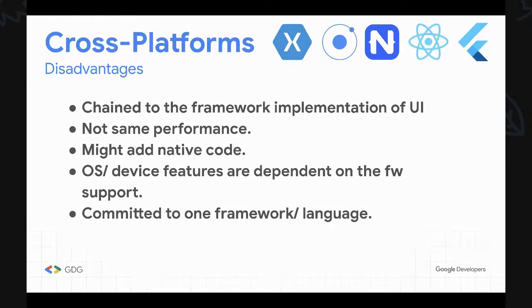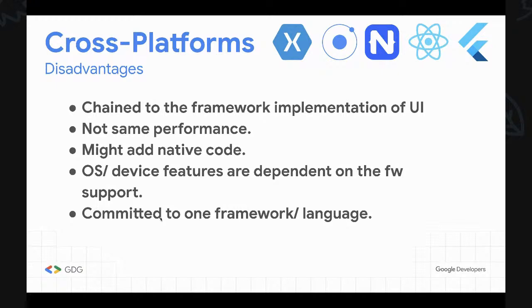For example, if you use a cross-platform framework to generate iOS and Android applications, maybe we will have some libraries that Android will accept, and iOS does not allow. For this, we might add native code to allow the application to run on the targeted platform.